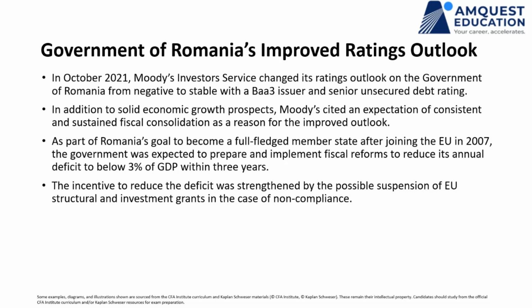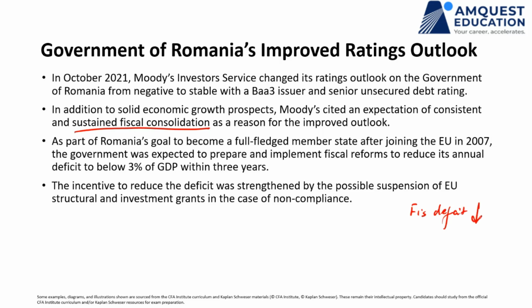In addition to solid economic growth prospects, Moody's cited an expectation of consistent and sustained fiscal consolidation. This is what even India is trying to do over several decades now. We are trying to ensure that our fiscal deficit ratio reduces gradually.